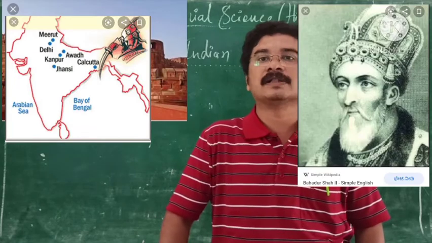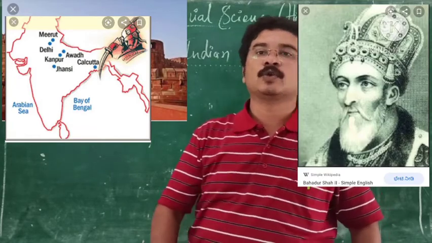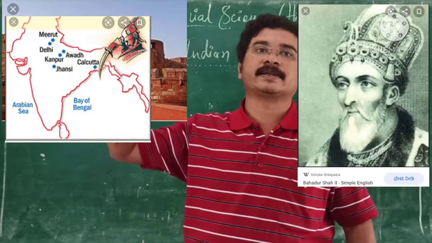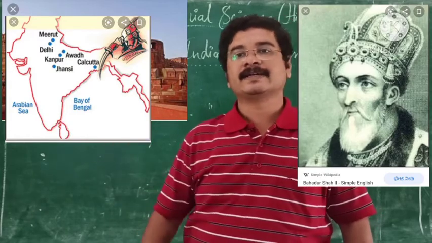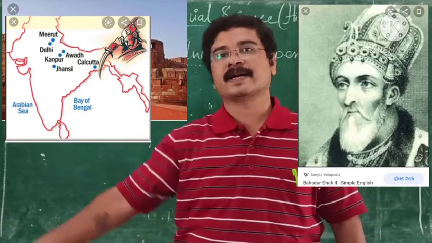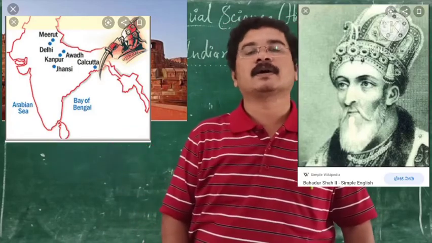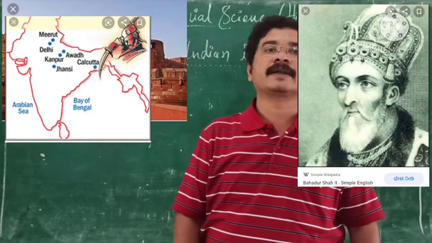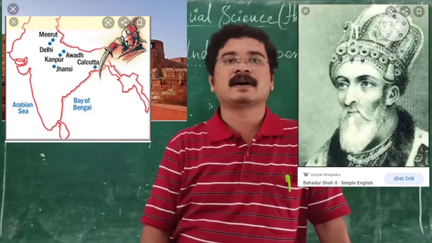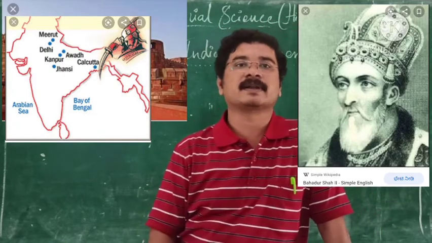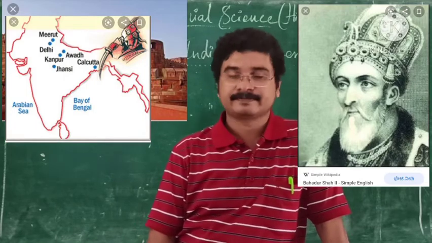They declared all the soldiers who went from Meerut to Delhi. They reached the Red Fort and declared Bahadur Shah, the second Mughal emperor, as our Indian emperor.